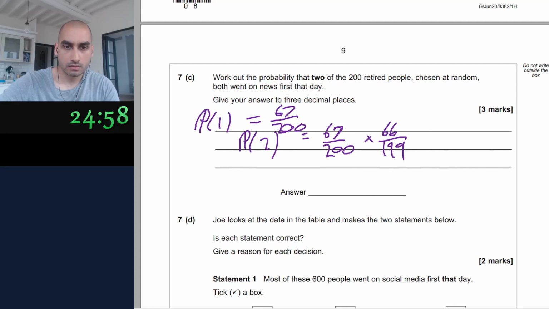That's 0.111, to 3 decimal places. Oh, no, not a percentage. Equals 0.111.